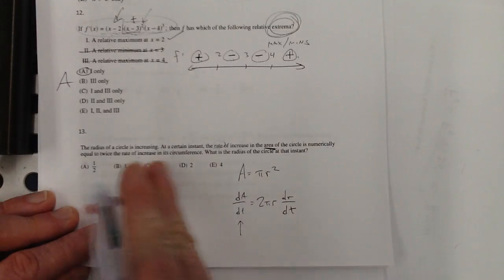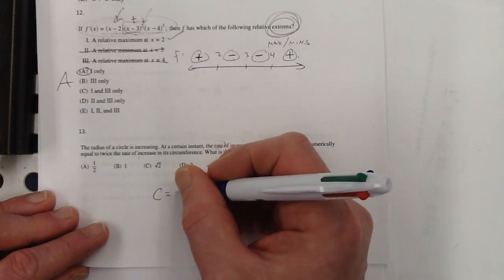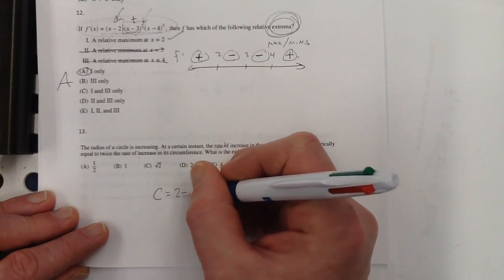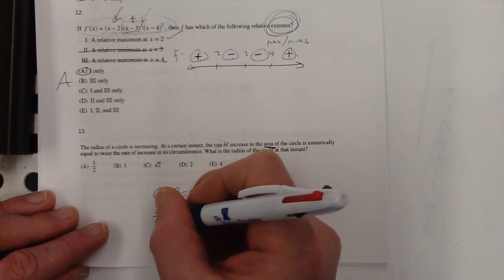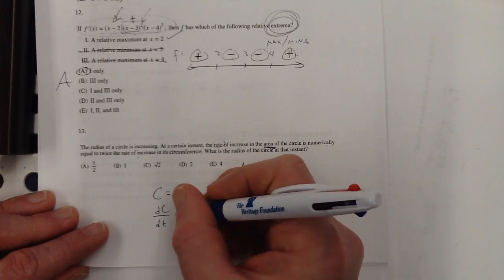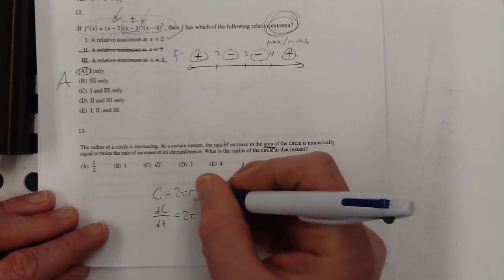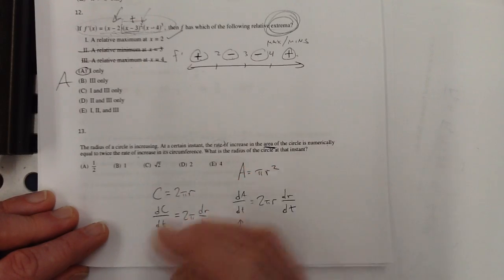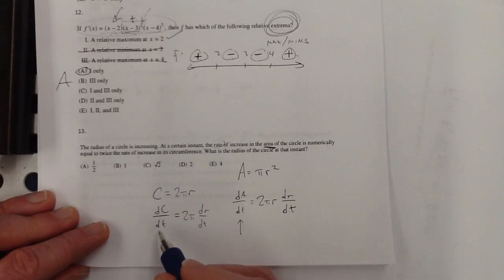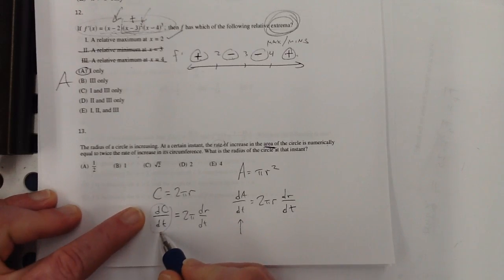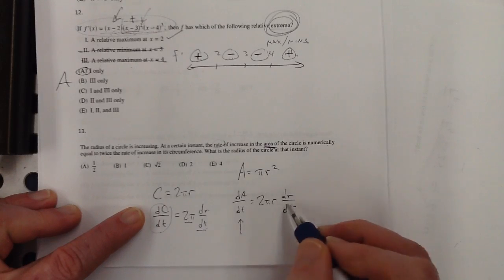So there's something about the circumference here. C is equal to 2 pi r, that's the circumference of a circle. If I took the time derivative of that, 2 pi is just a constant, so dC/dt is 2 pi times dr/dt. Notice that the time derivative of the circumference is 2 pi times the derivative of the radius, and I actually have that here.